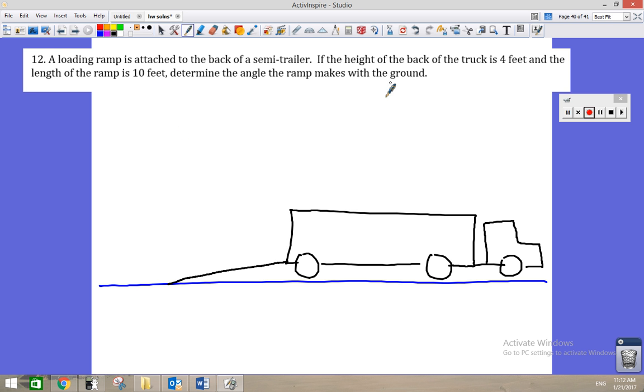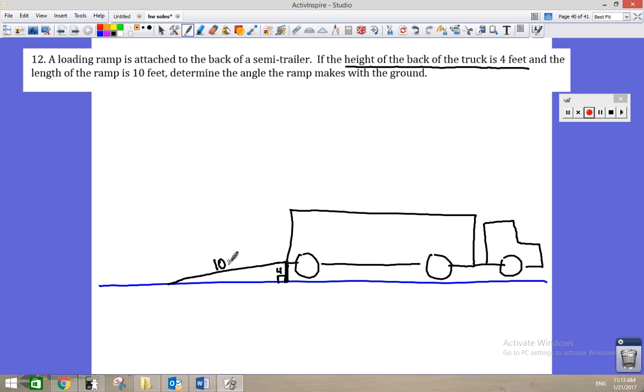All right, now if the height of the back of the truck is 4 feet, and the length of the ramp... So when it's referring to the height of the back of the truck, 4 feet, I believe that's just 4 feet off the ground, and the length of the ramp is 10 feet.